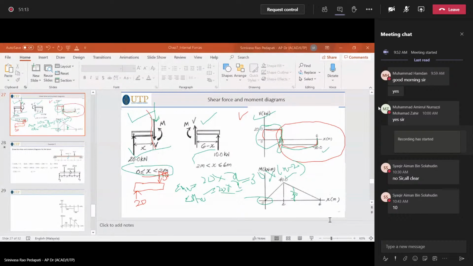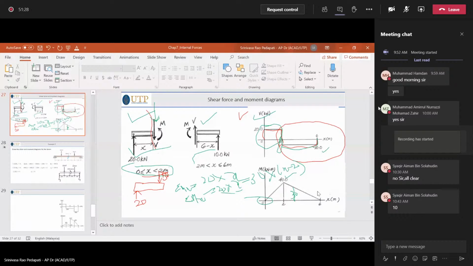Yeah, 10. Why 10? Because your reaction is 10 here, and I gave you 1 meter, so the distance from the 10 is 1.